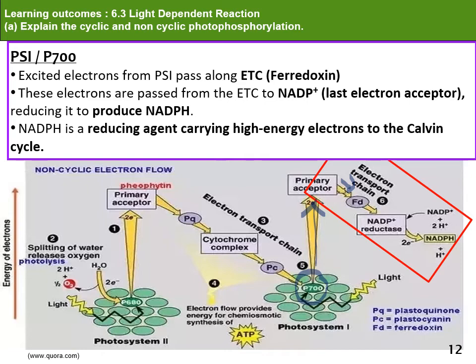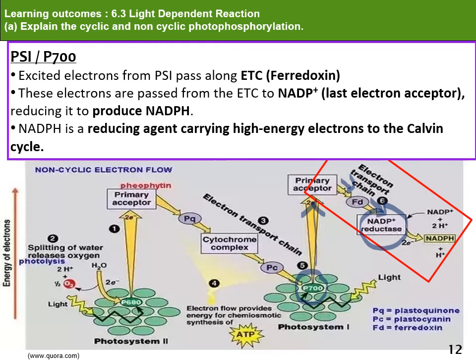Then ferredoxin will transfer the electrons to NADP+, with the help of the enzyme NADP+ reductase. So NADP+ will be reduced to NADPH.